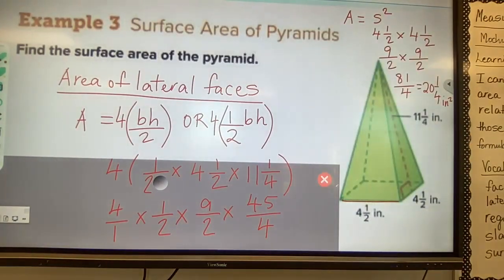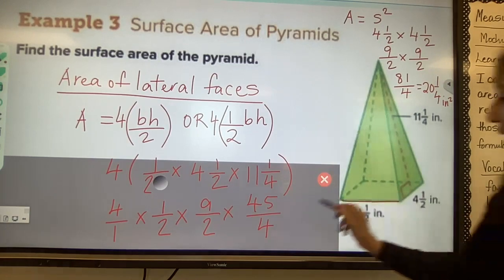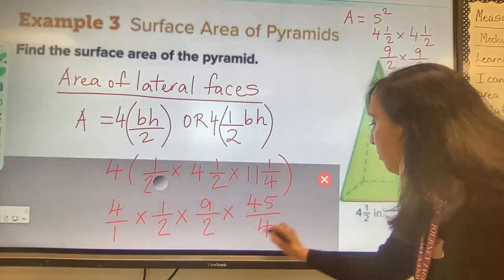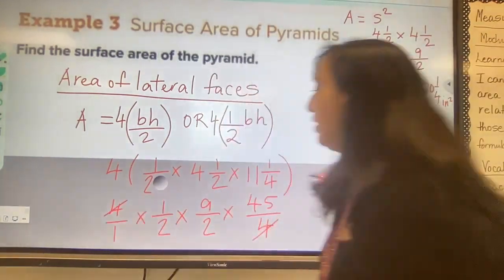Now definitely you can simplify before you multiply, or I can just multiply 4 times 1 times 9 times 45, but that becomes pretty tedious. Anyways, I am just going to simplify because 4 and 4 cancel each other out.